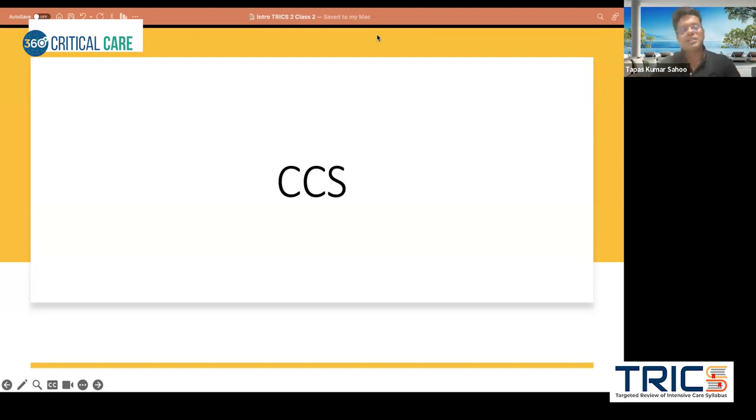So the first clinical case scenario, more or less, was in the central nervous system domain, but it started from cardiac arrest. The initial questions were on cardiac arrest management, which is again a high-yielding topic, so you have to be thorough with post cardiac arrest management.